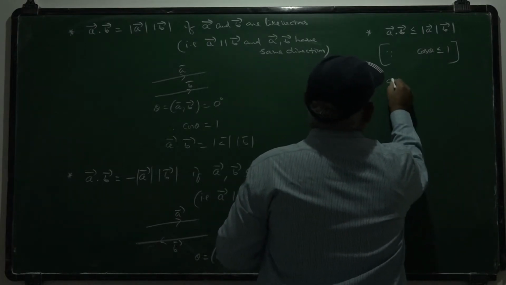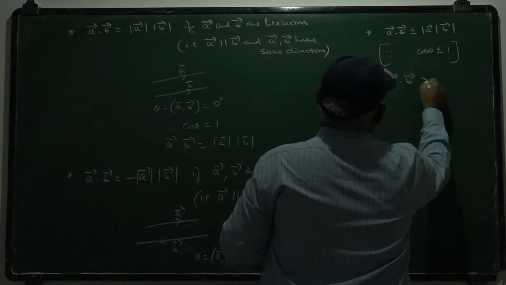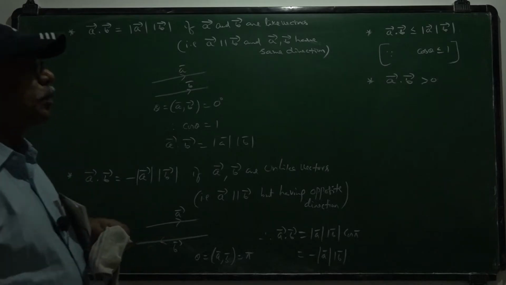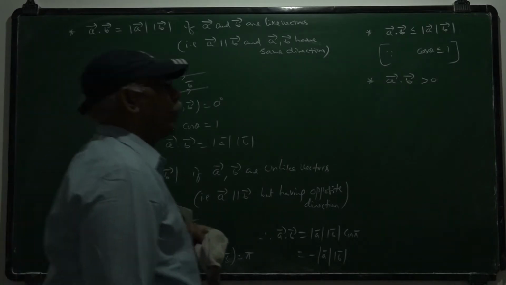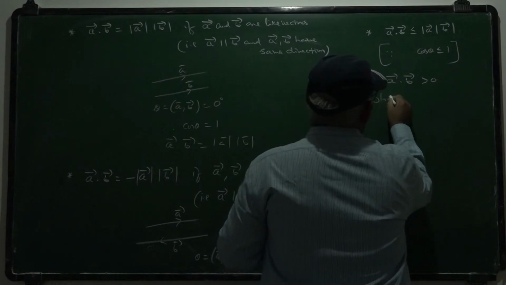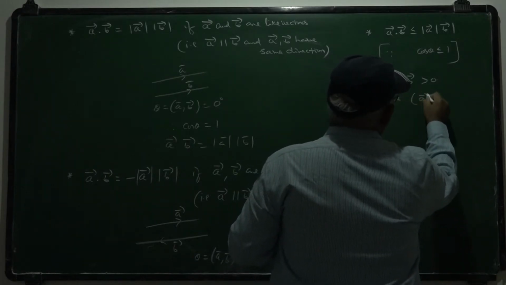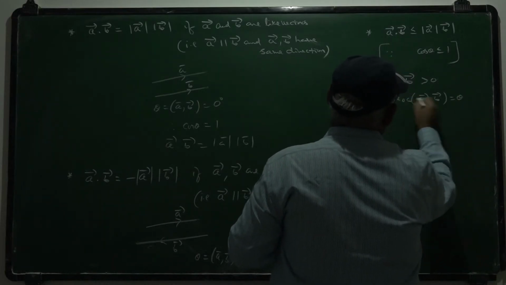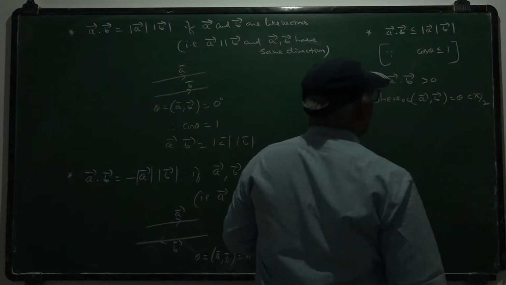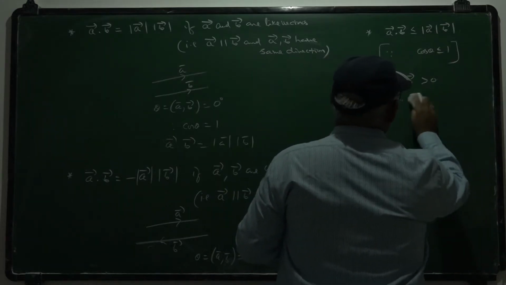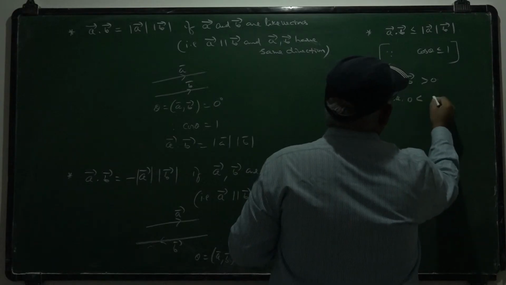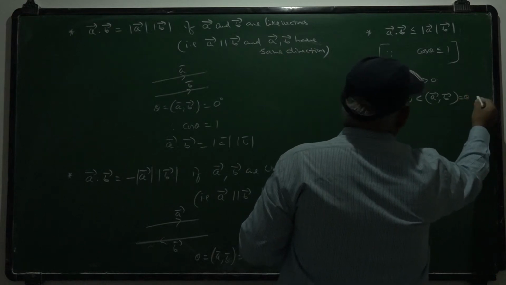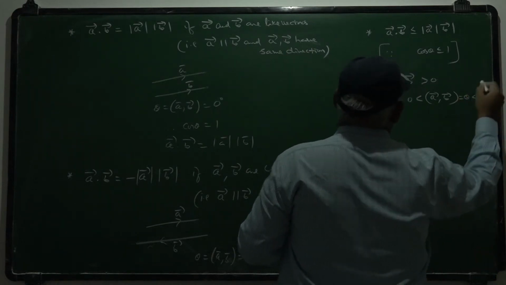Next one, the dot product of two non-zero vectors is positive when the angle between A and B, theta, lies between 0 and pi by 2. That is, 0 is less than the angle between the vectors, theta, is less than pi by 2.